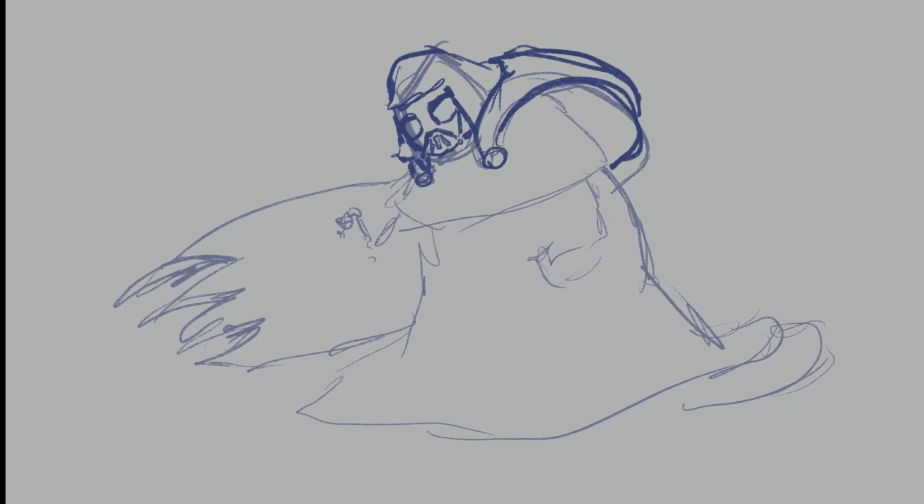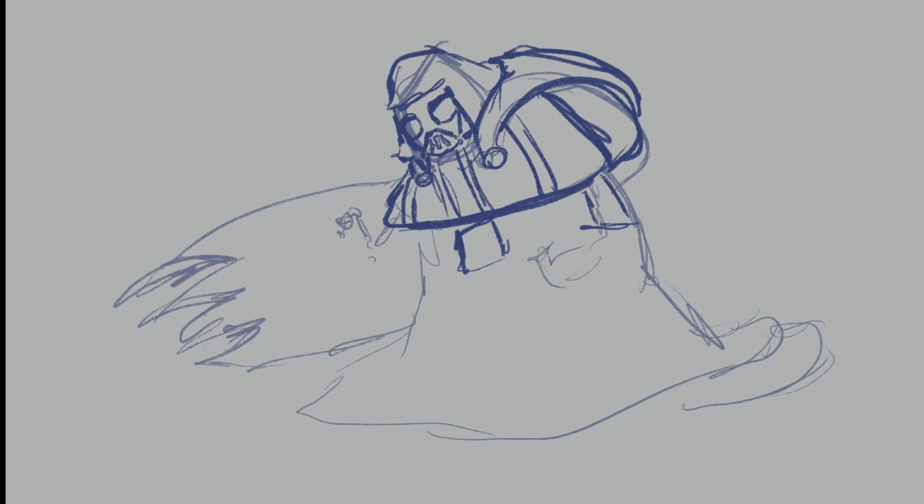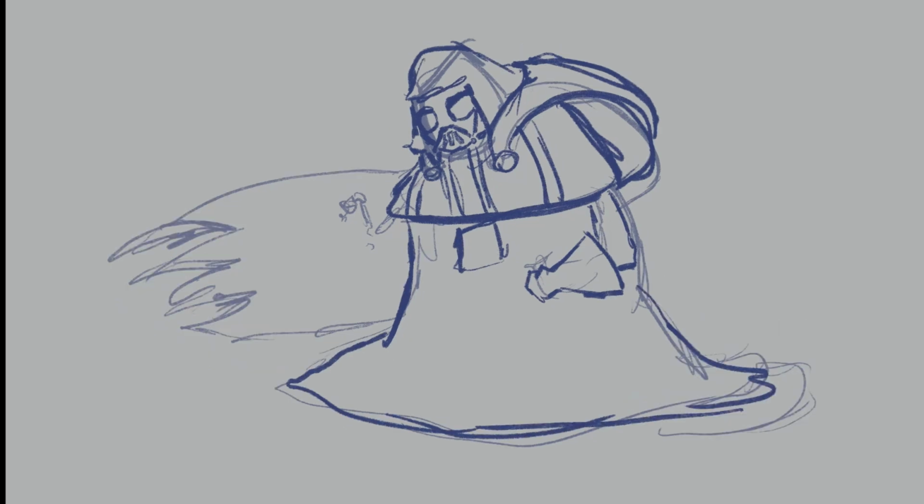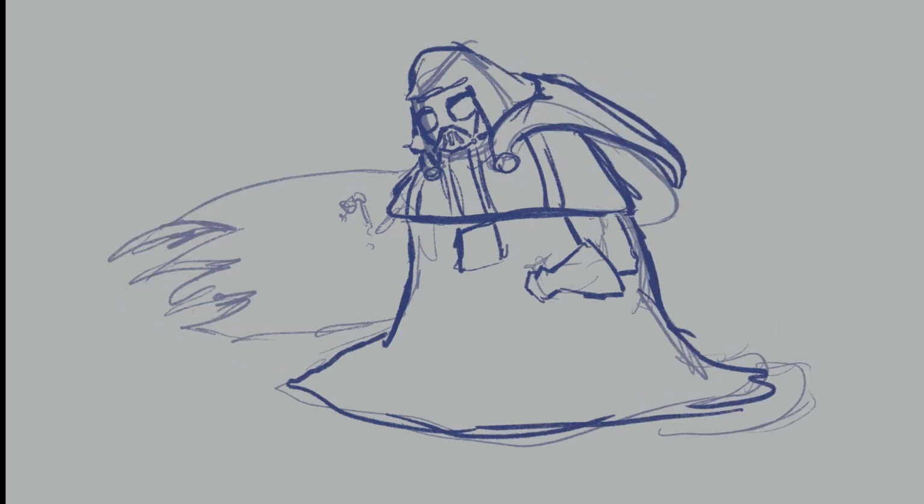I do really like the way this cape ultimately turns out. It's very flowy, very dramatic, and I think that really adds to the cartoonification of someone like Darth Vader, who is very serious and very much an imposing character. While we still want him to be imposing, we also want to land in that playful style of Adventure Time.